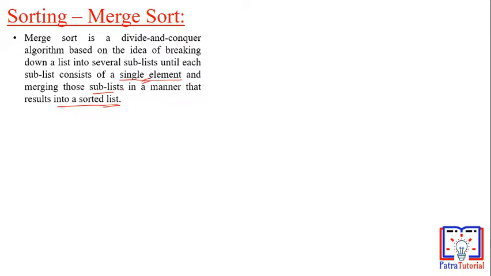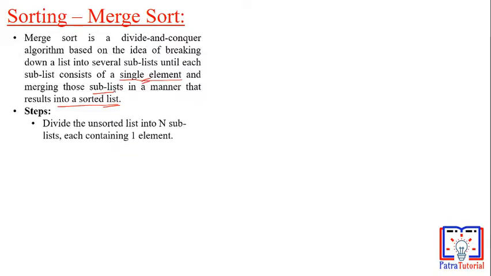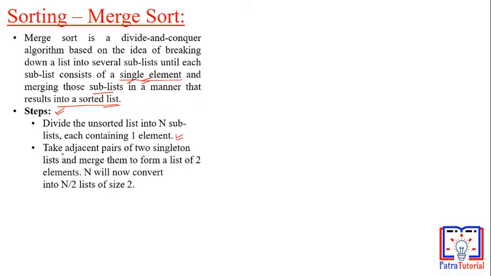Then the second point: these are the steps we will be following. After dividing, we will be combining or merging the sublists, which I will discuss one by one. The first step is to divide the unsorted list into n sublists, each containing one element. The second step is to take adjacent pairs of two singleton lists and merge them to form a list of two.